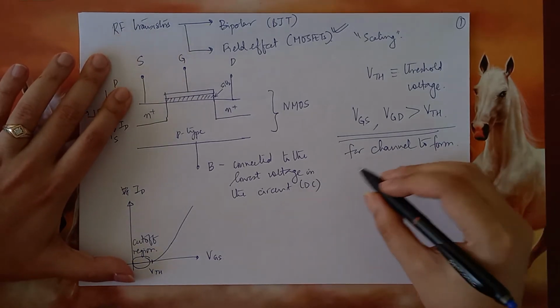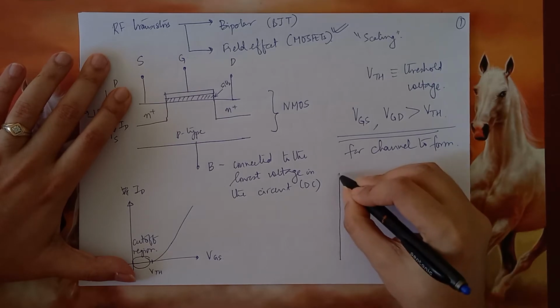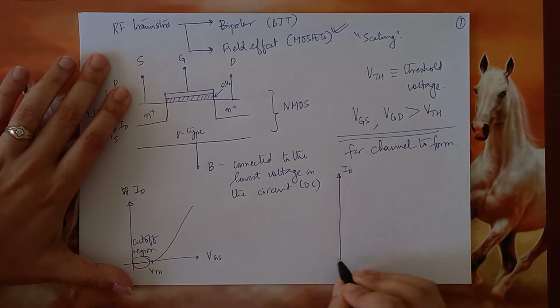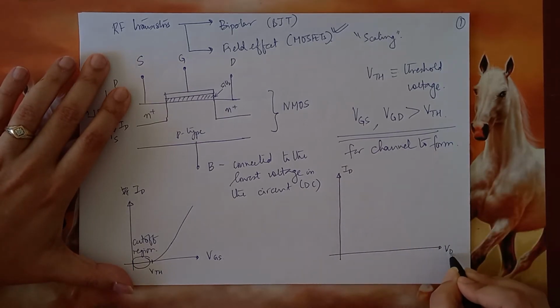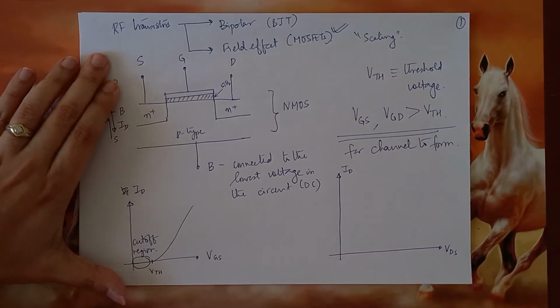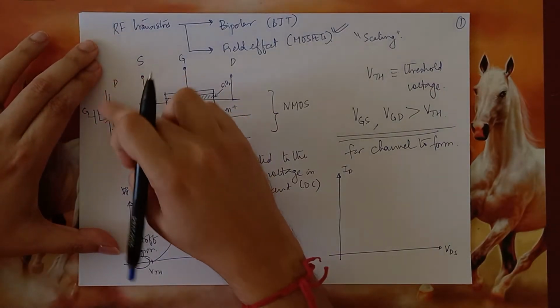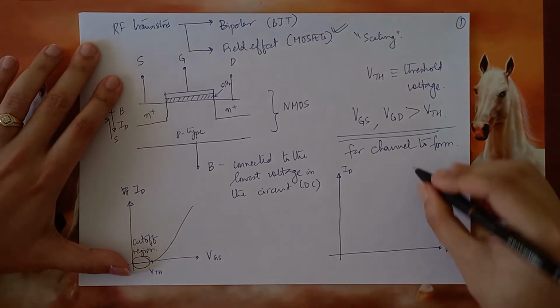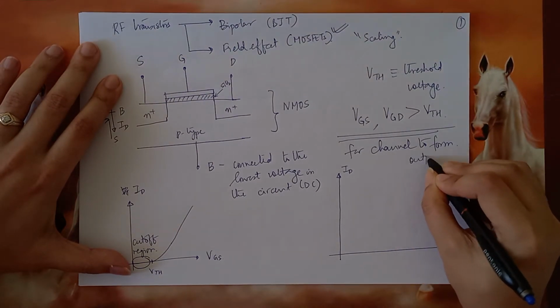So if I were to now draw a plot of ID with respect to VDS, that is the drain current with respect to the drain to source voltage, this is also called the output characteristic.